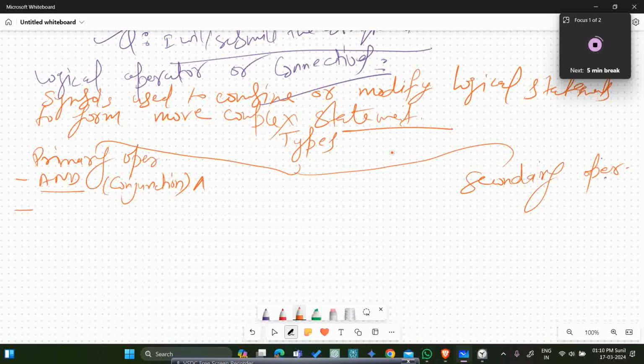Second is OR. In logical algebra terms, in discrete logic, we call it disjunction, and we represent it with this symbol. And NOT is also there, we say it negation also, and the symbol for this is like that.